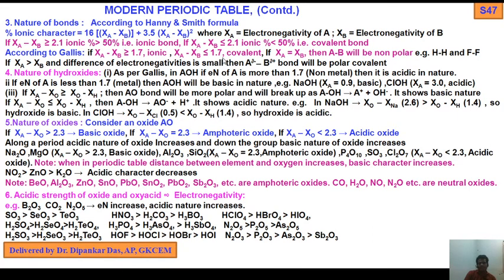If chi A minus chi B is less than 2.1 and ionic percentage is less than 50%, that is a covalent bond. So it tells the nature of the bond, whether covalent or ionic.